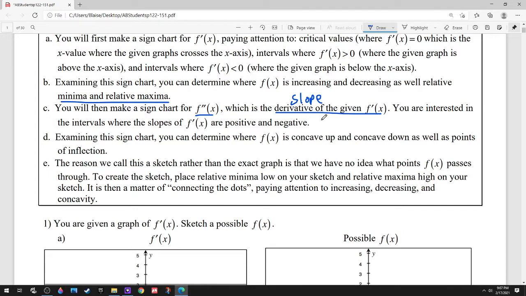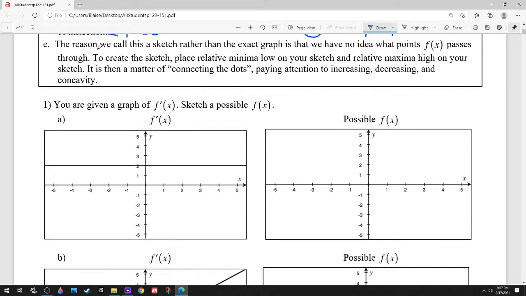This is going to tell us something called concavity. Concave up looks like a cup, concave down looks like a frown. And points of inflection, that's when f double prime equals 0. This is the shorthand way that we're going to talk about it. We can get into a more technical definition, but that covers the majority of what we need today. And this is just a sketch because we don't know the exact points that it passes through.